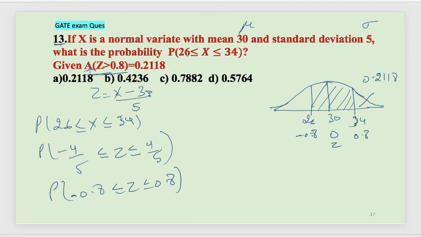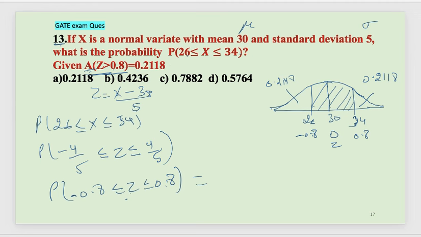So either we can convert it into the probability from 0 to 0.8 and then double the answer, or the other option is that if this side is 0.2118, this side is also 0.2118, right, because it is symmetric.